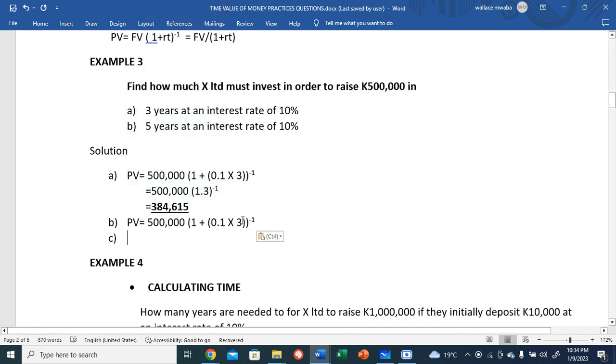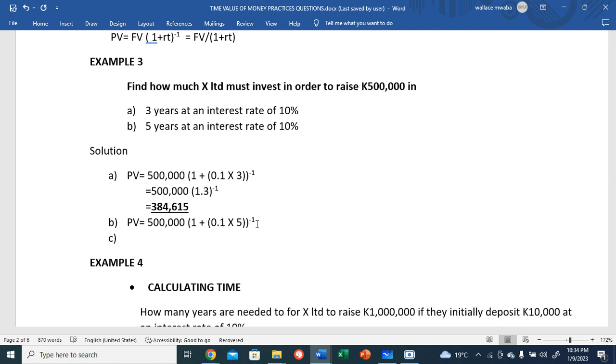All right, so here where there was 3, we replace it with 5. The interest rate is the same, 10%, so 0.1 stays. So 0.1 times 5, that's 0.5. Then 0.5 plus 1, that is 1.5.